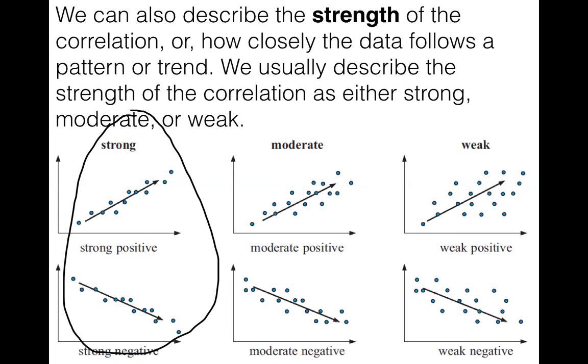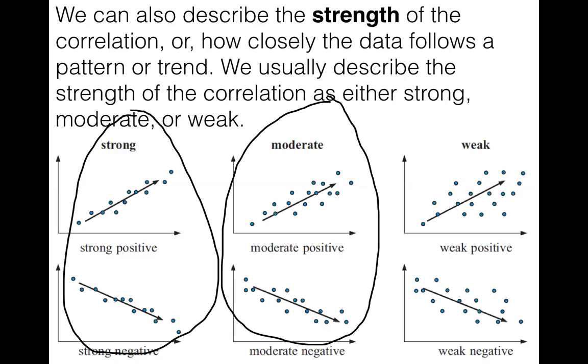We could see that those points very closely follow the line. We could have a moderate correlation, where the points still follow that trend, but they're a little bit further away from the line. We can have a weak correlation, where we can see that the trend still exists, that there's a positive or a negative correlation between those variables, but the points are very spread apart from each other.